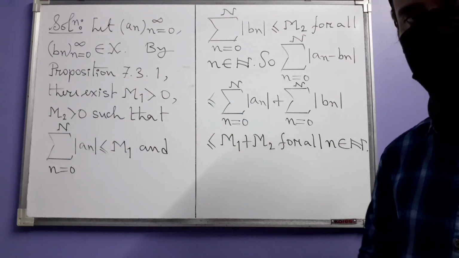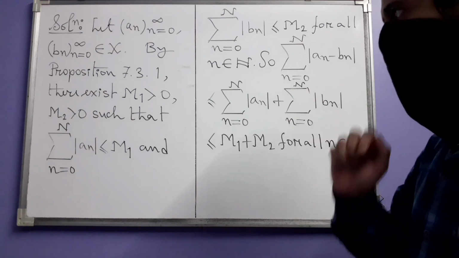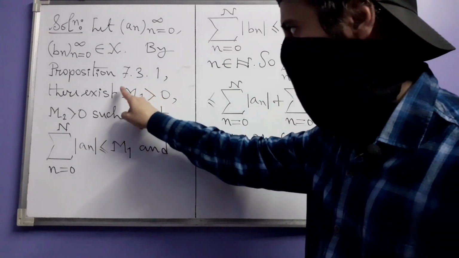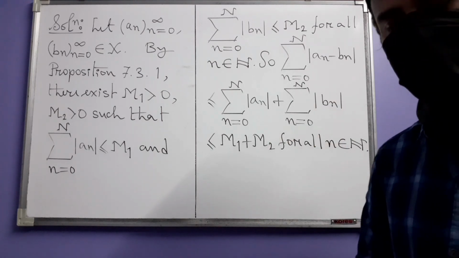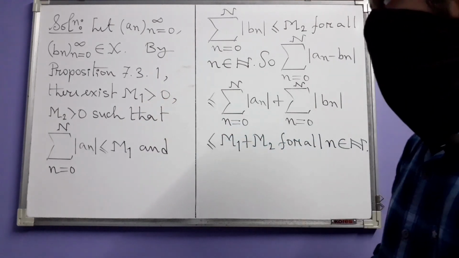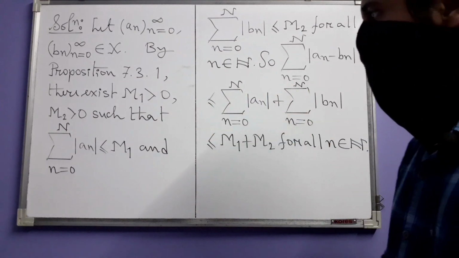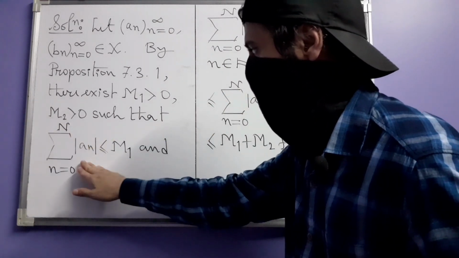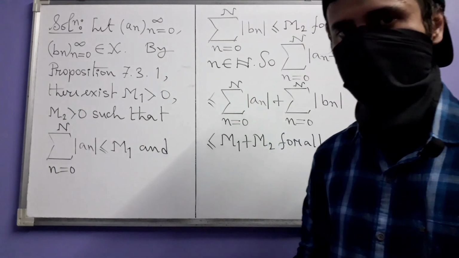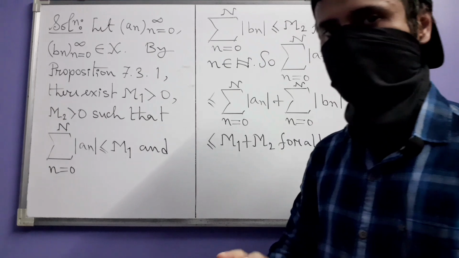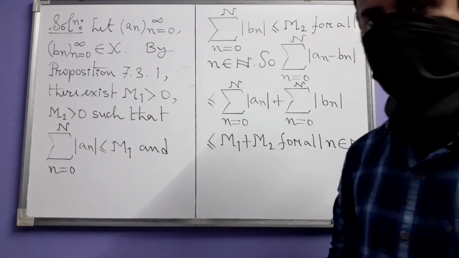So you go back to chapter 7, which deals with convergence of series, and by that result there exists an upper bound for the sequence of partial sums of such a series. Let that be m1 for the first series, summation mod an. So all the partial sums of that series, where this time however n won't vary from 0 to infinity, but from 0 to some natural number capital N, will be bounded from above by m1.